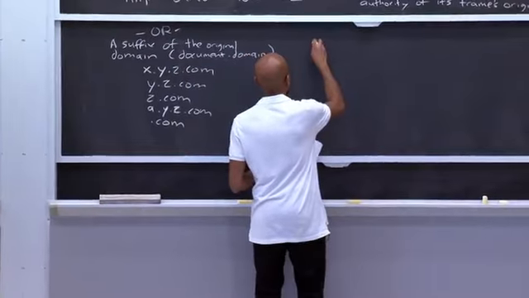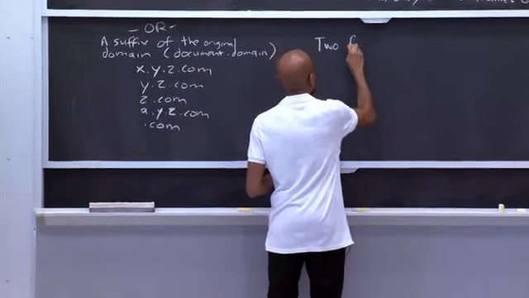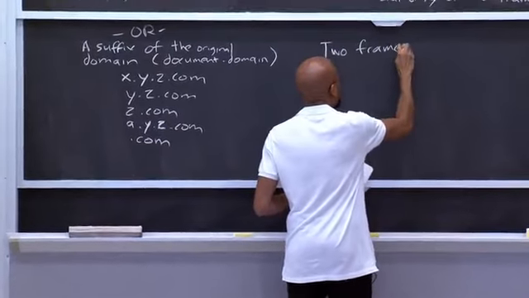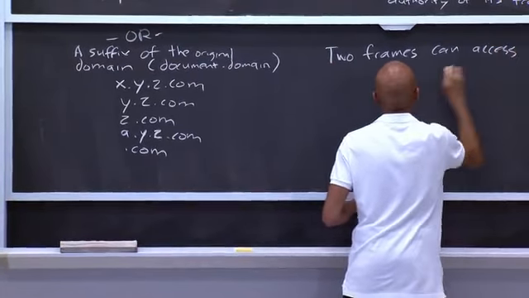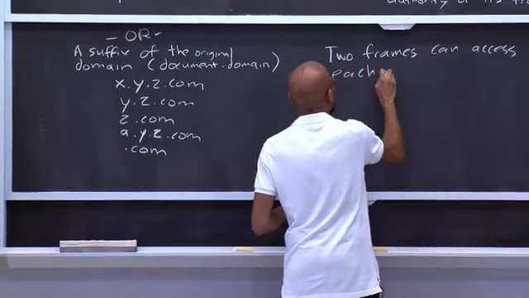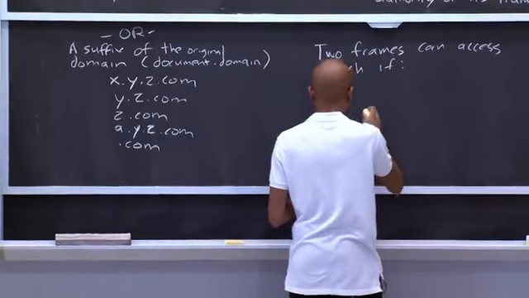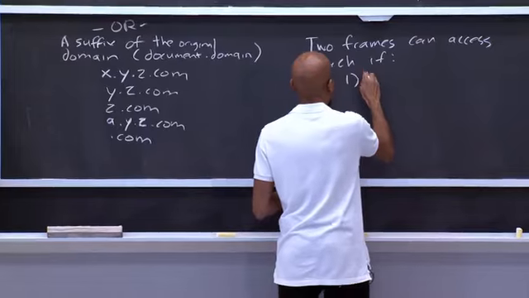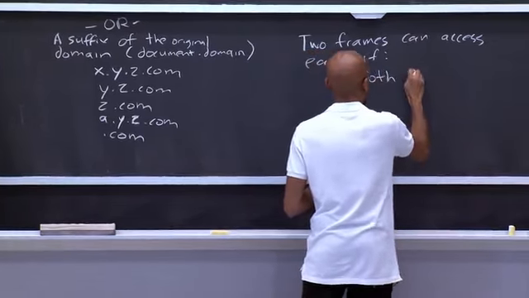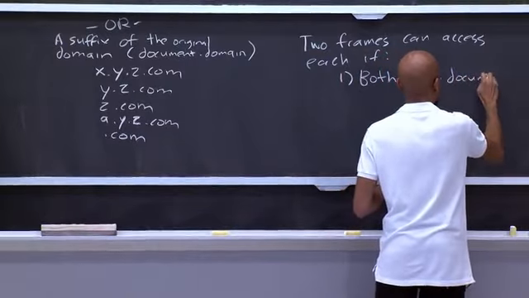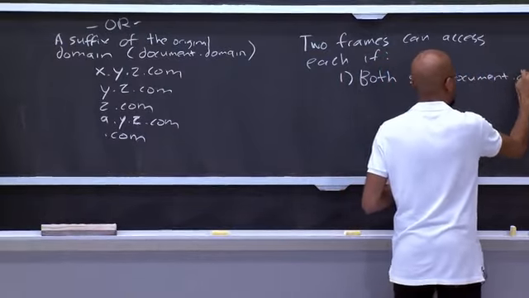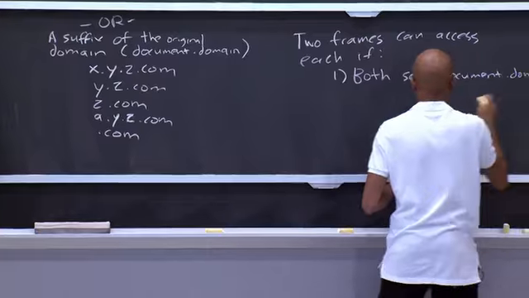So basically, two frames can access each other if one of two things is true. The first thing is both of the frames set document.domain to the same value.